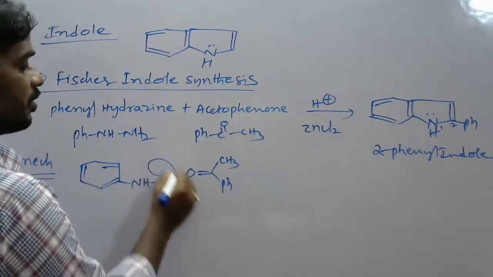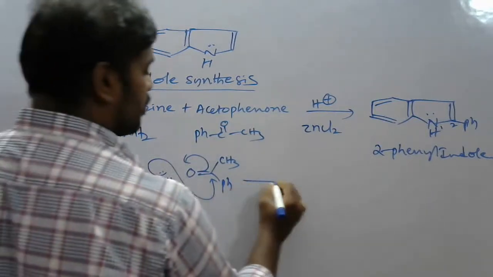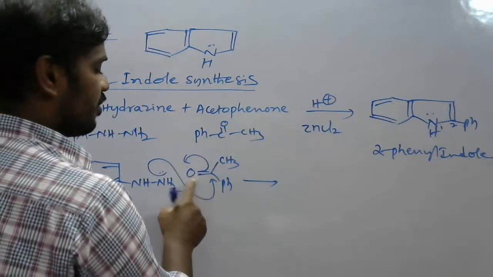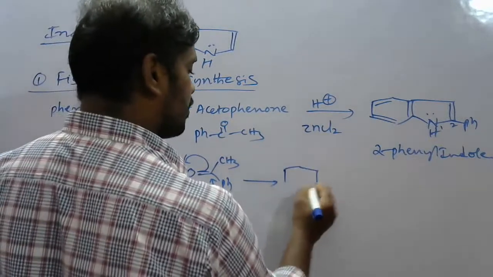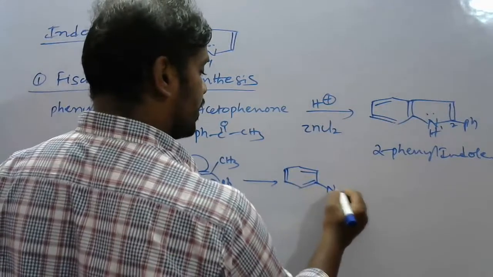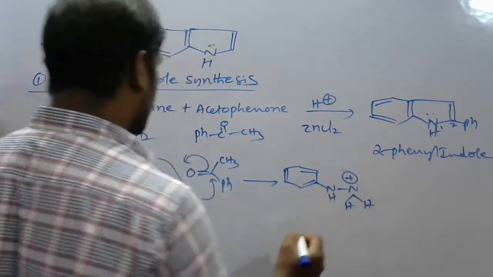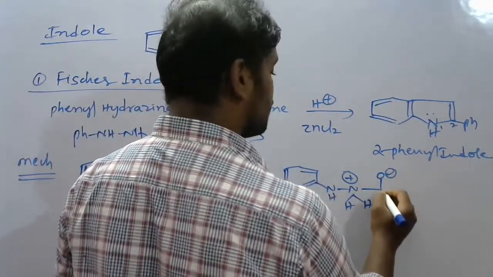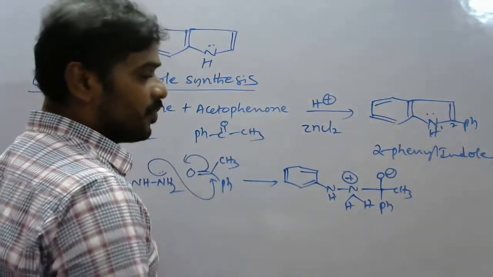This is a nucleophilic addition, with bonding electrons shifting. The carbon-oxygen double bond converts to a single bond, the nitrogen lone pair is lost, giving a positive charge on NH, with carbon bearing O minus, CH3, Ph.